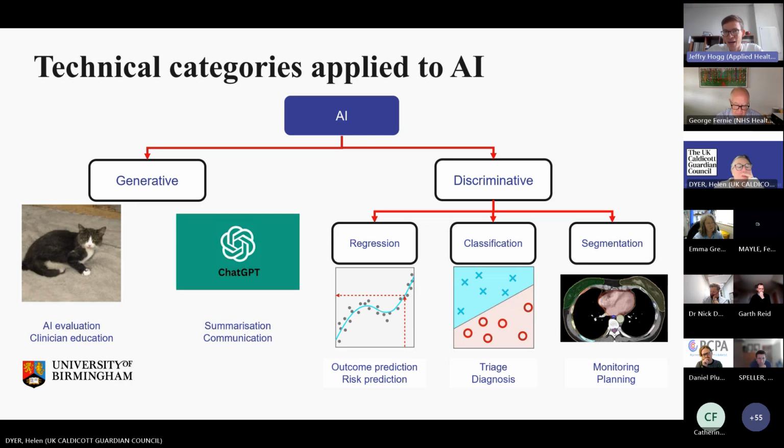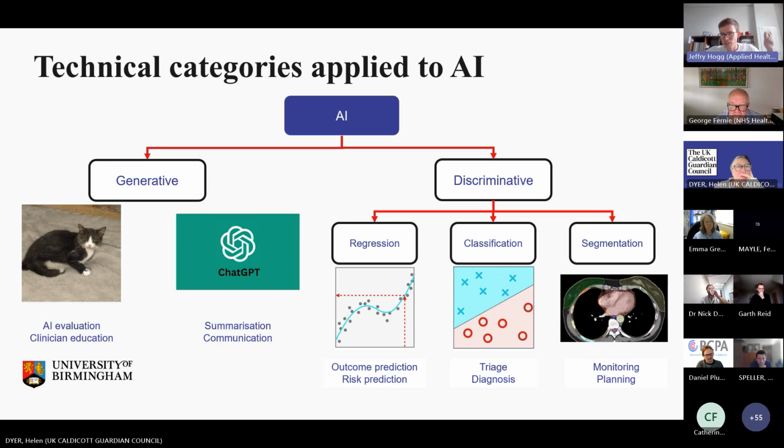And technology's moved on a lot since that earlier example, but you can have large vision models like this, which create images, large language models, which create new text, and even multimodal models in that space, which can use audio, language, vision, those kind of things too. And in healthcare, those kind of technologies can potentially be used to test other AI models.